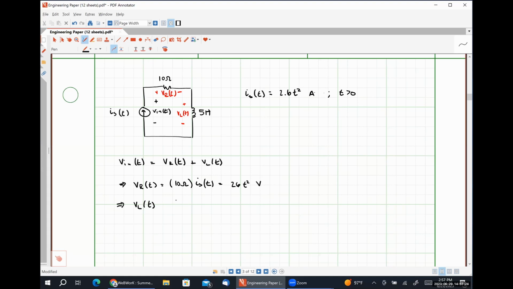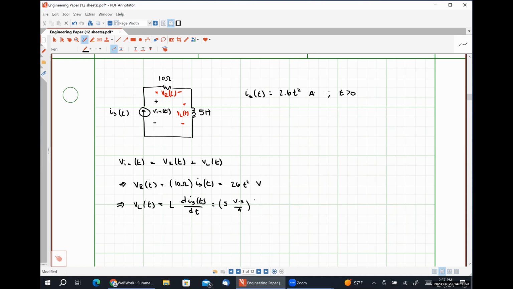So VL is where we have that derivative-based relationship. It's L dis by dt. So that's going to look like 5 henries, where a henry is a volt second per amp, times the derivative here.